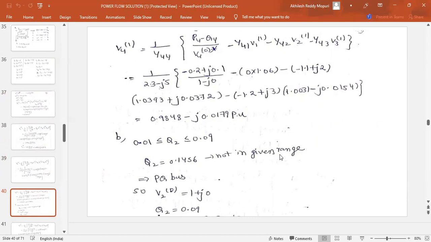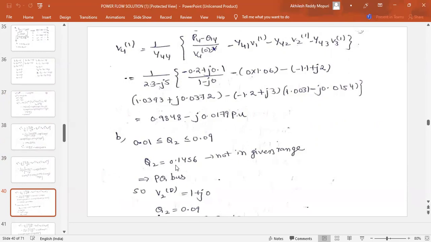Second subdivision. Q2 we got 0.1456. But in the second subdivision, they had given 0.01 less than Q2 less than 0.09. See here 0.14 is not in the range. And when it is not in the range, I said you should proceed as a PQ bus. When it is in the range, you proceed as a PV bus.